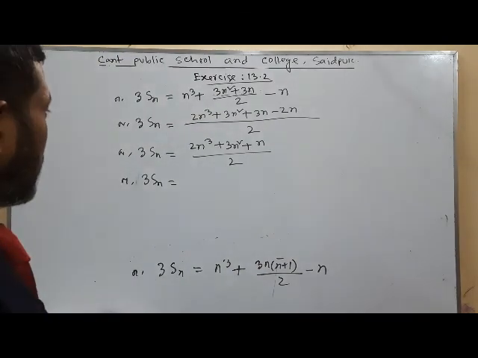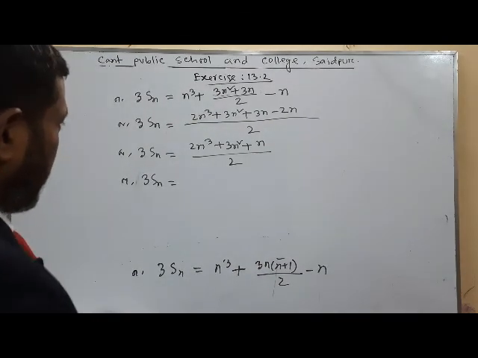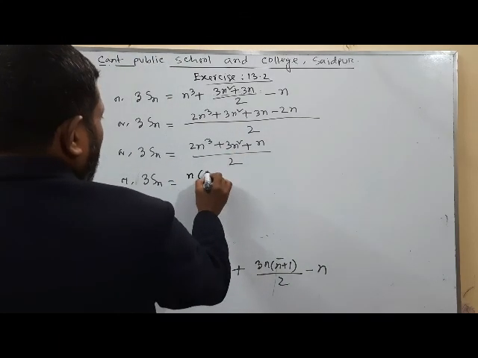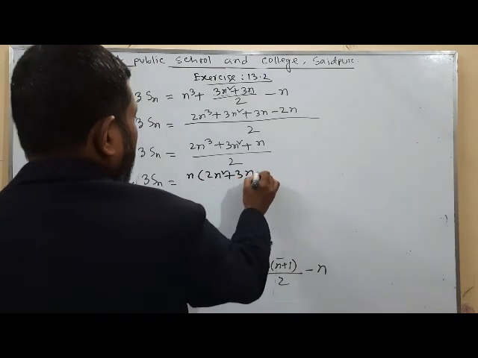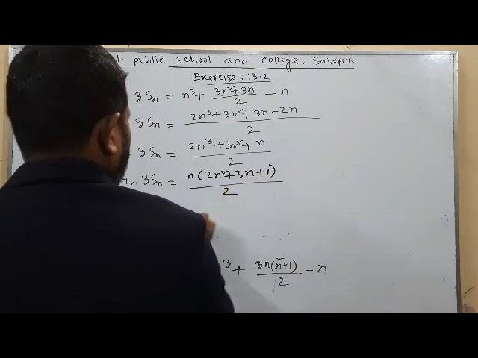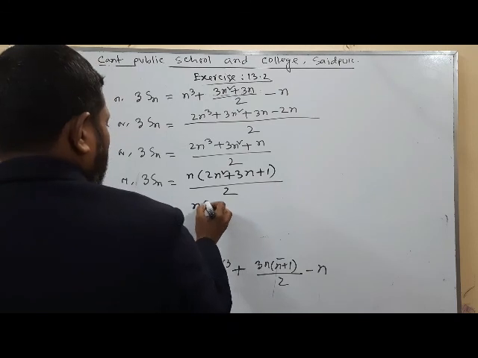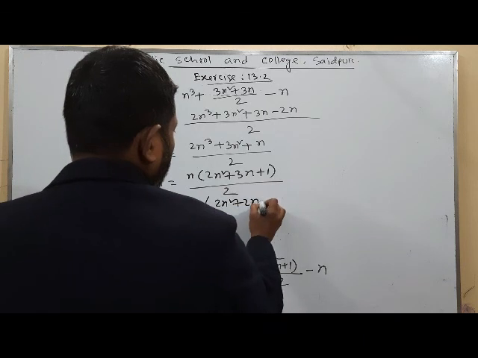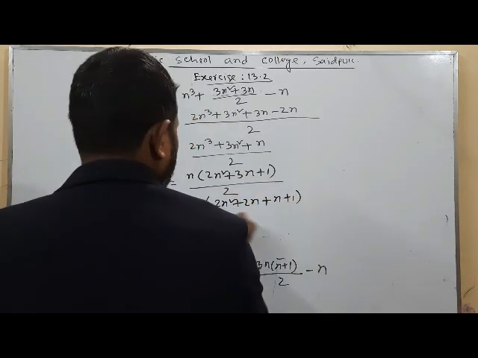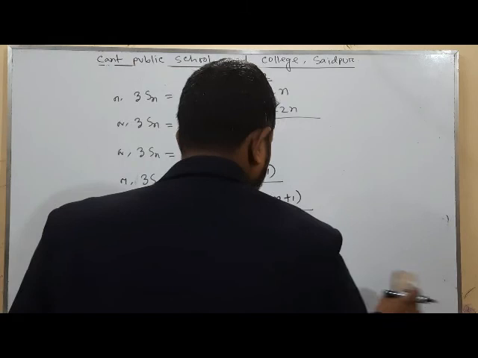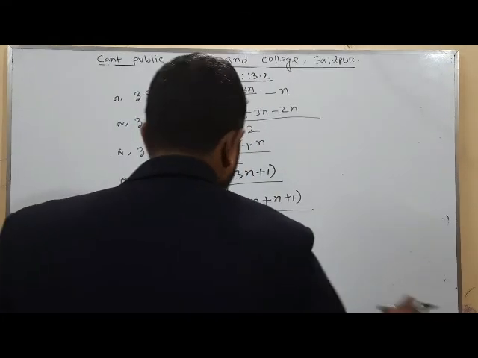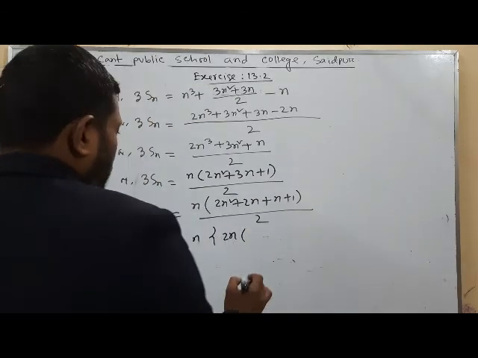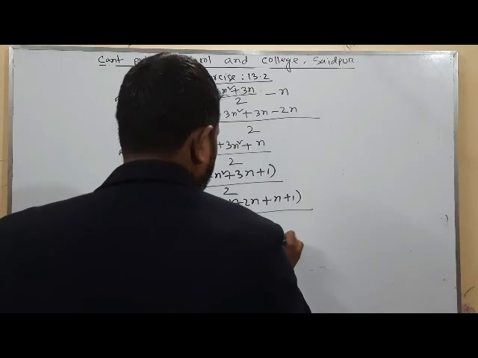I will find 2 factors using this 3 factor. First I will take common n, leaving 2n square plus 3n plus 1. By using middle term, we get here 2n square plus 2n plus n plus 1. If we take common 2n, then we get here n plus 1.